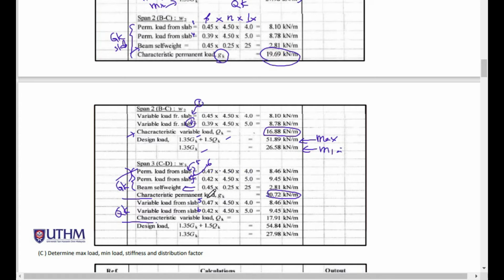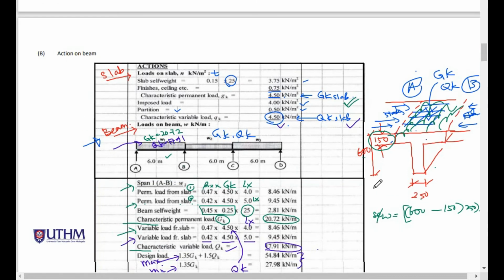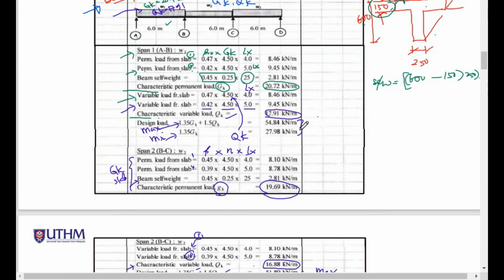Beta Vx multiplied with the QK multiplied with Lx, and the same calculation for slab number 6. Finally we get total QK equal to 17.91, and substituting these two values into this equation, we get the maximum load of 54 and the minimum load of 27.